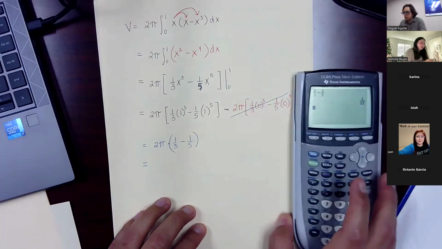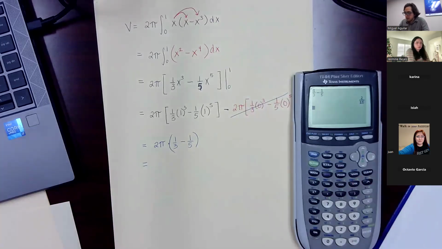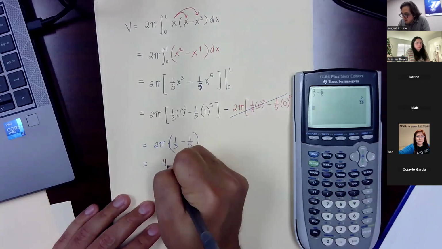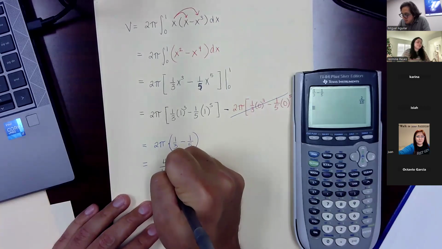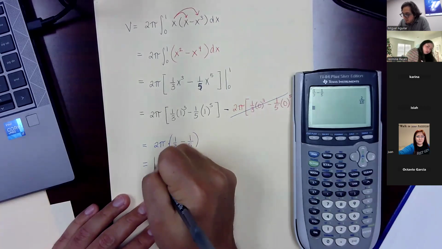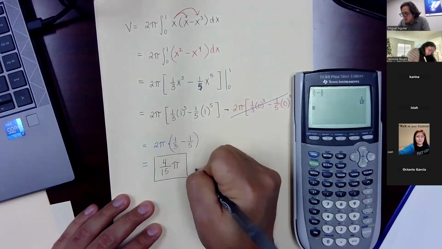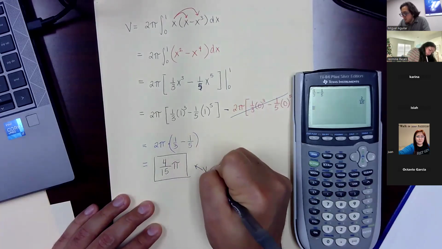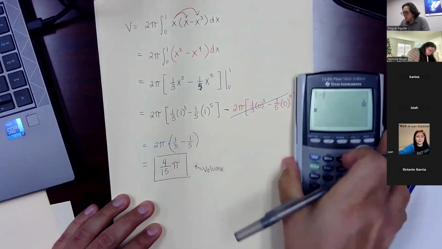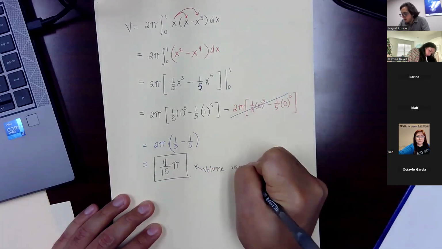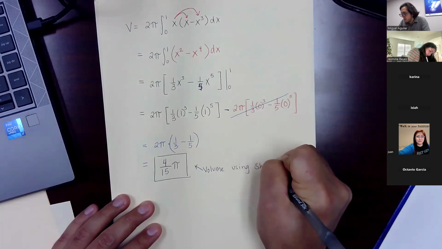So this should be 4/15 pi. And that's the volume using the shell method.